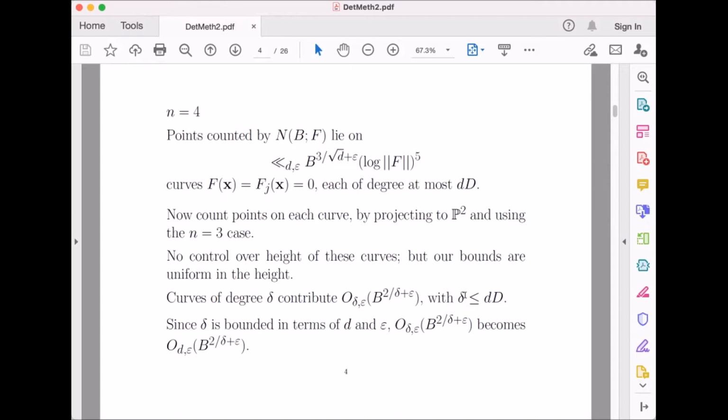But fortunately, since delta is bounded in terms of the original d and n, this dependence can be replaced by dependence on d and epsilon. So if the curve that we get here has degree delta, the number of points on it will be of order B to the 2/delta plus epsilon.